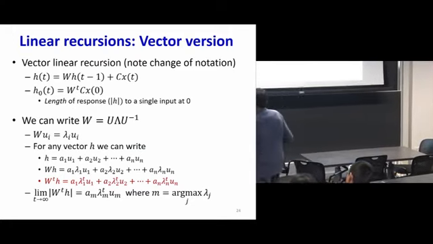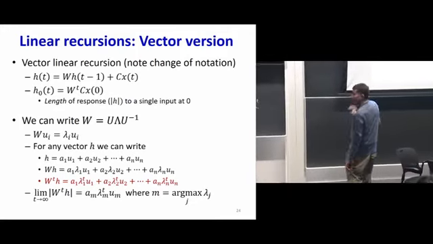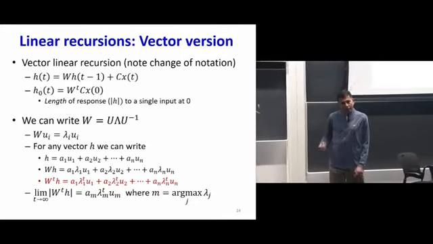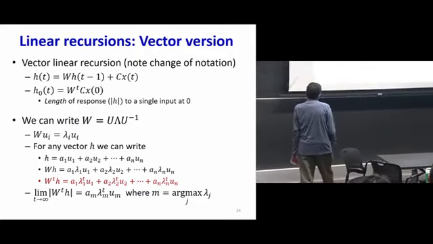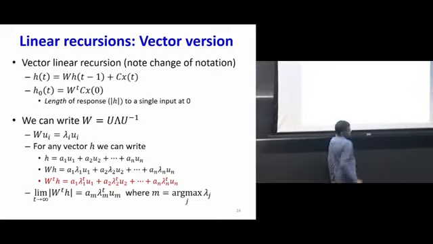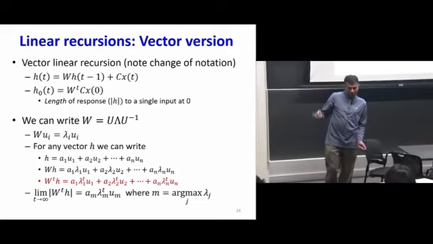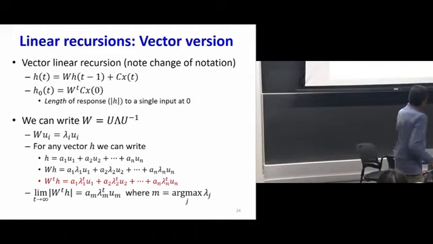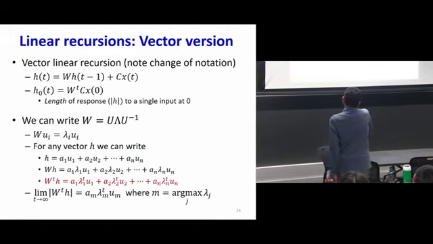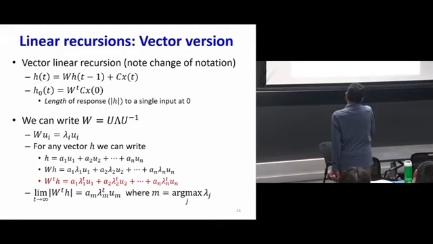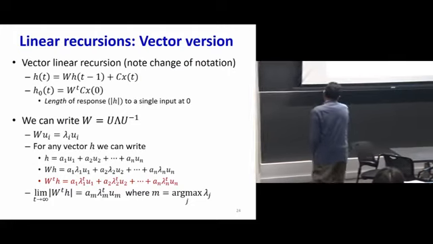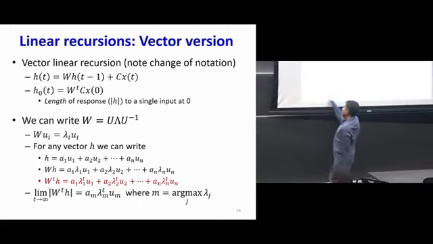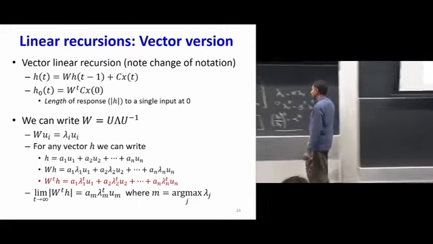Now, to see how this influences things, let's look at the expansion of pretty much any multiplication. Let u1, u2, u3, and so on be the eigenvectors within U. They span the space, so for any vector h, I can express h in terms of these eigenvectors. What happens when I multiply h by W?